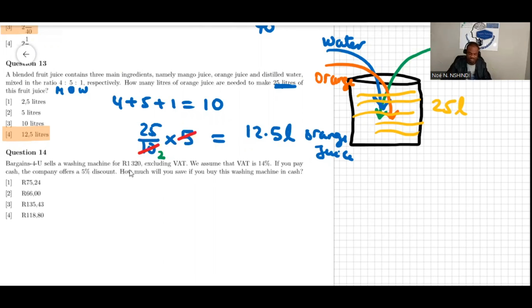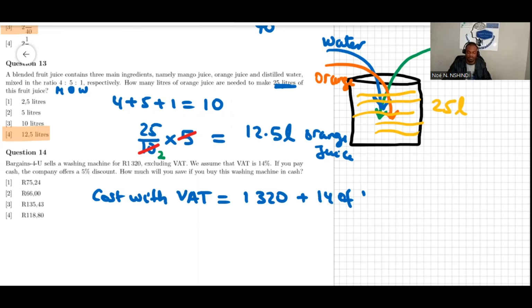The cost with VAT will be 1,320 plus 14% of that money, of 1,320. That's the VAT, with VAT included.